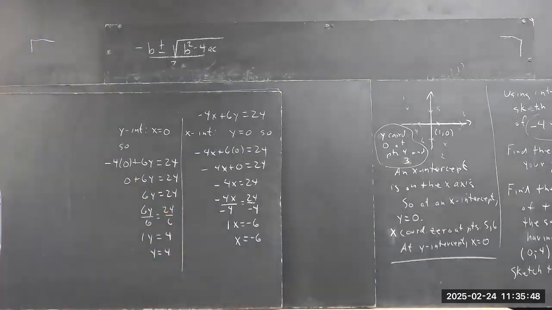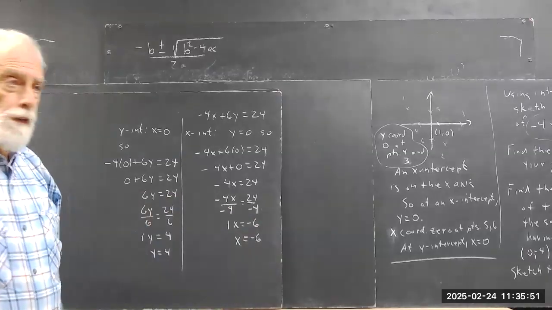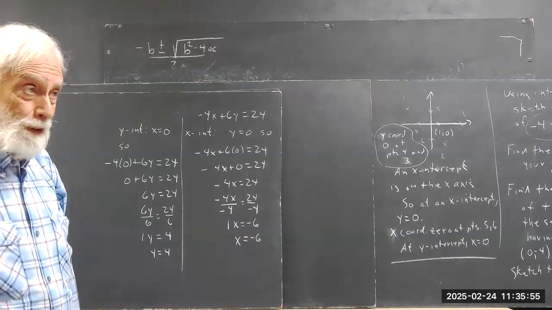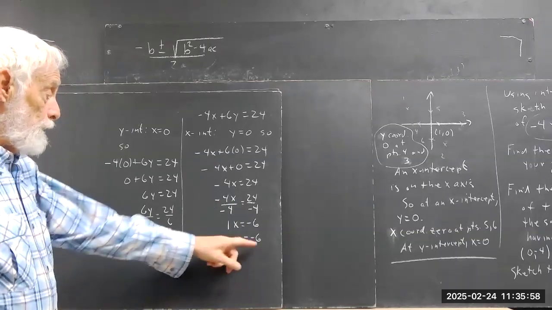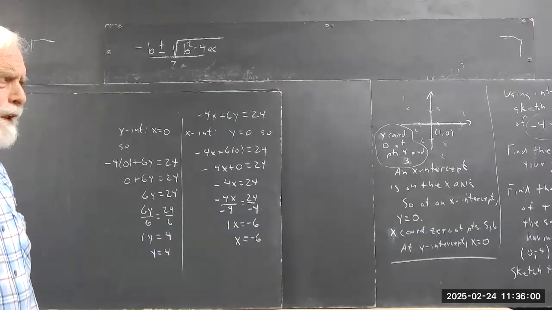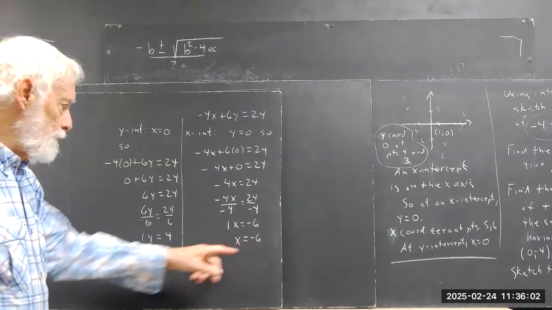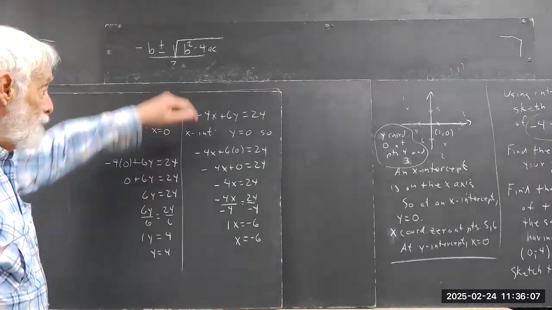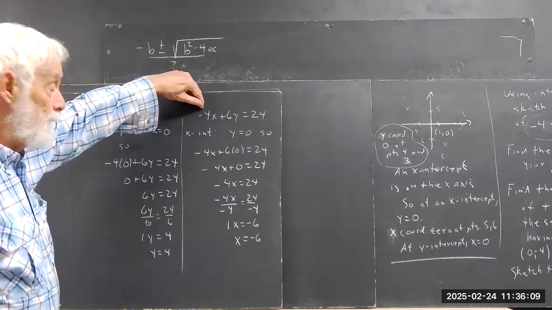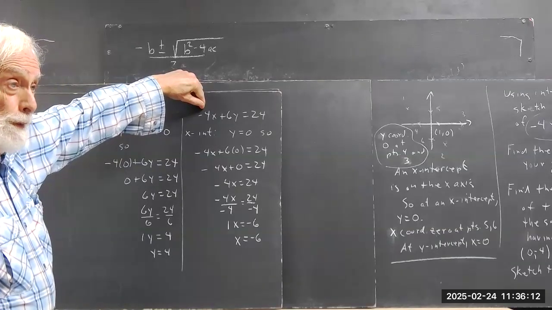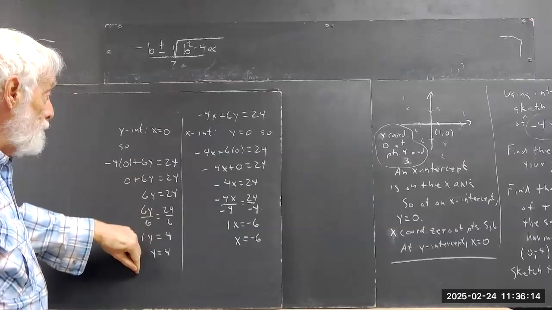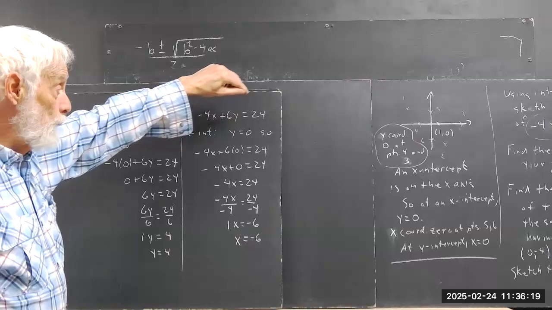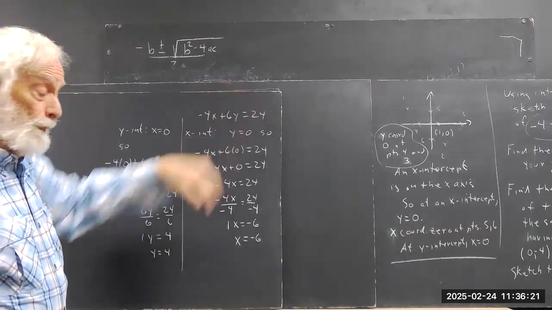Now, at this point, people make a mistake, and I see this very, very frequently. Okay, 30%, 60% of people will then say, okay, we got the point negative 6, 4. Well, the point negative 6, 4 isn't on this graph. Because if I substitute x equals negative 6, I get 24, right? If I substitute y equals 4, I get 24 again. So I get 24 and 24, which is 48, not 24.